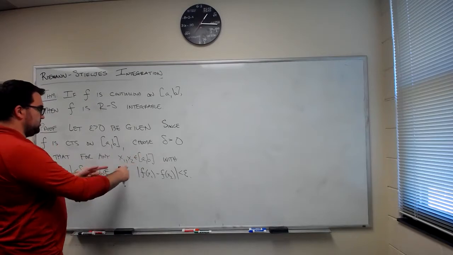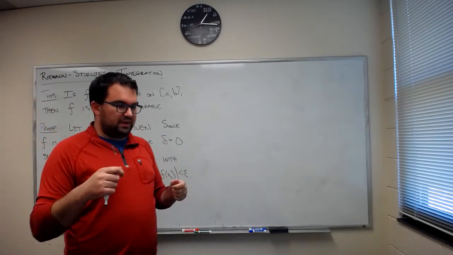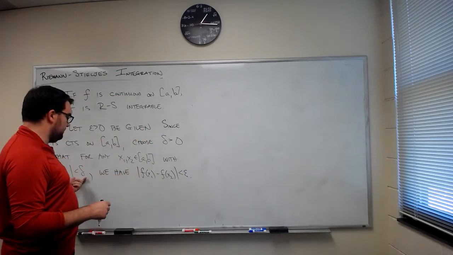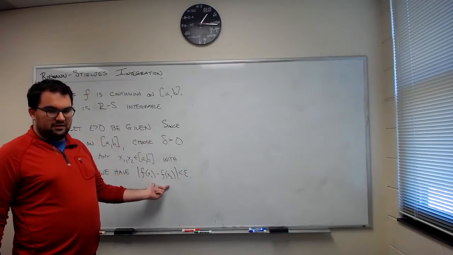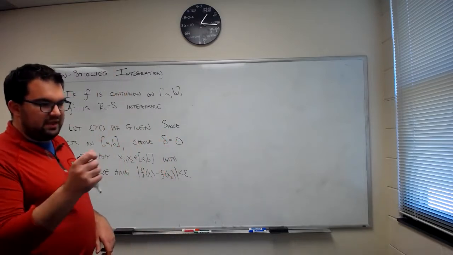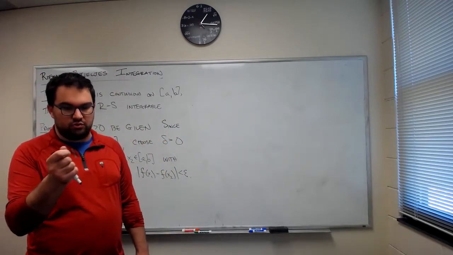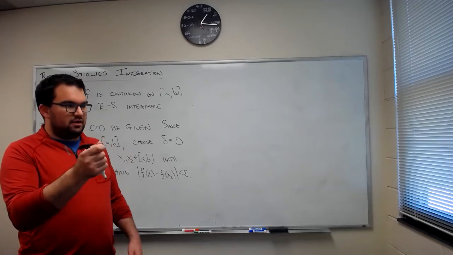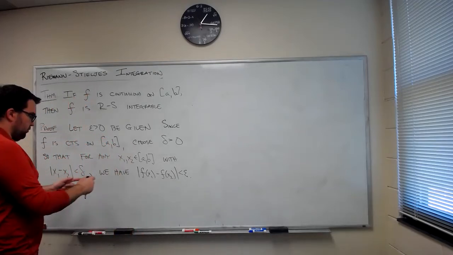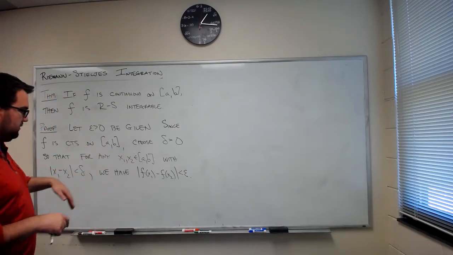This just means that you can take any two points in your interval, and as long as you pick those two points close enough together, your function values can't be too far apart. So really, you can choose a delta independent of the points you're looking at. The delta doesn't care where x1 and x2 are as long as they are close enough together.